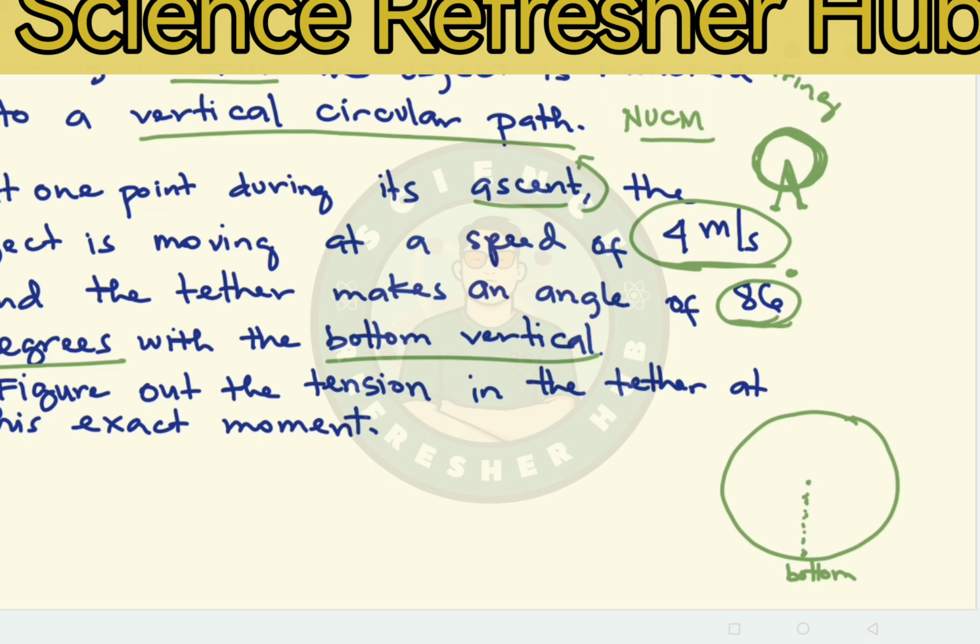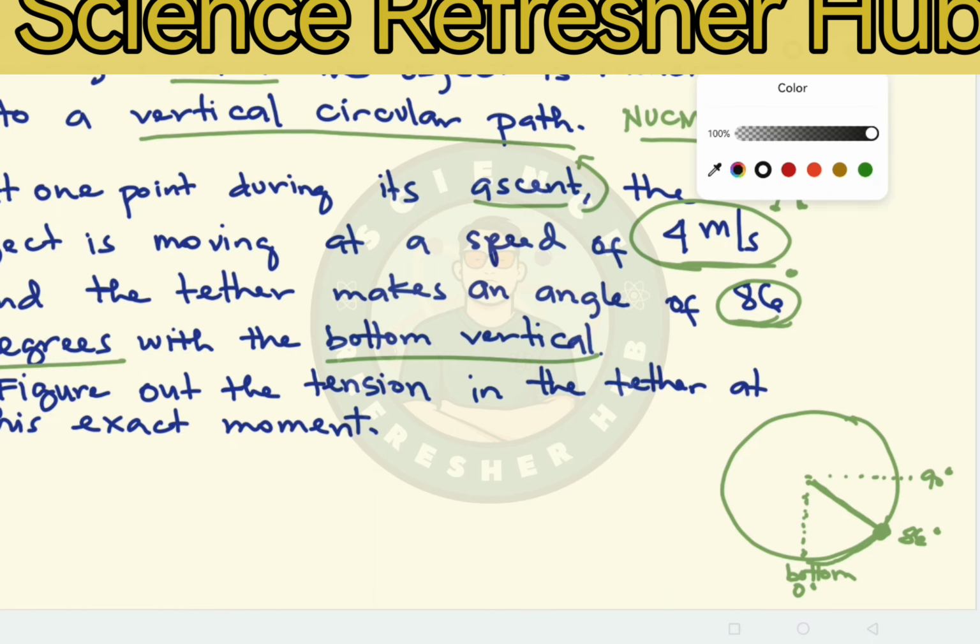If we set our bottom as 0 degrees, and let's pretend this is our 90 degrees here, and this is where our object is at the moment, let's say it's 86 degrees here.